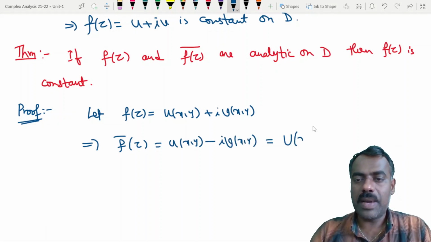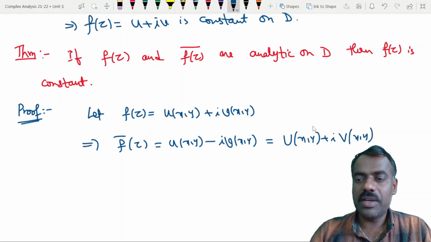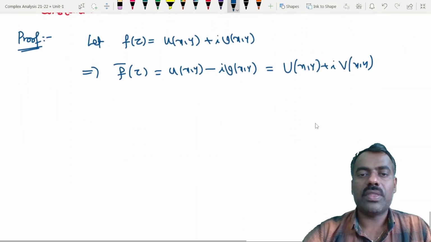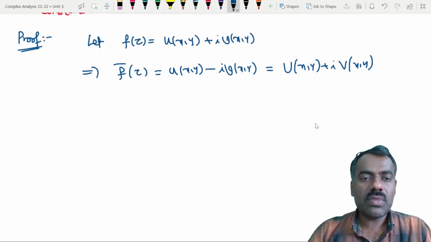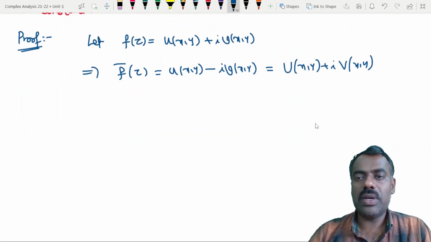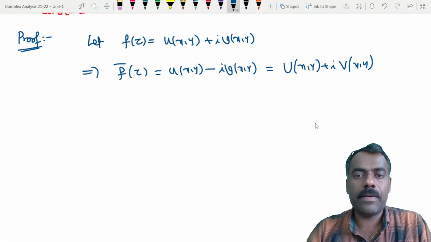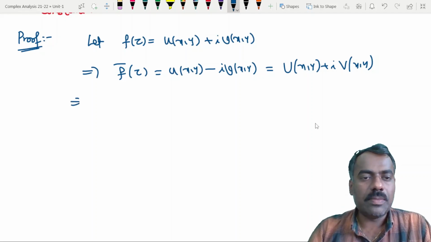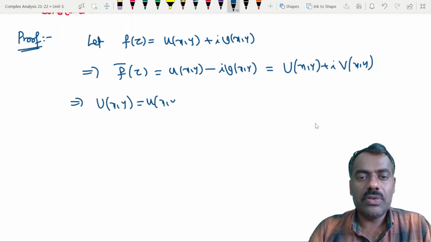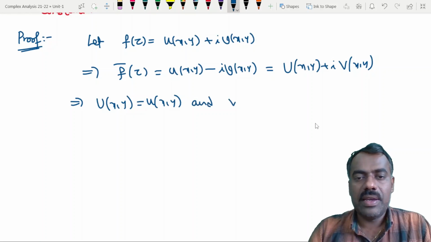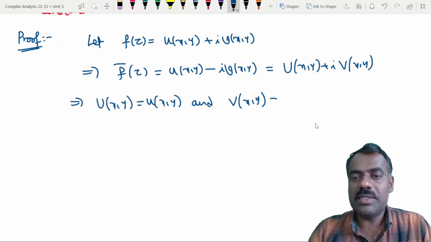Just denote this by U(x, y) plus i times V(x, y), where capital U is small u and capital V is minus small v, as functions of (x, y).